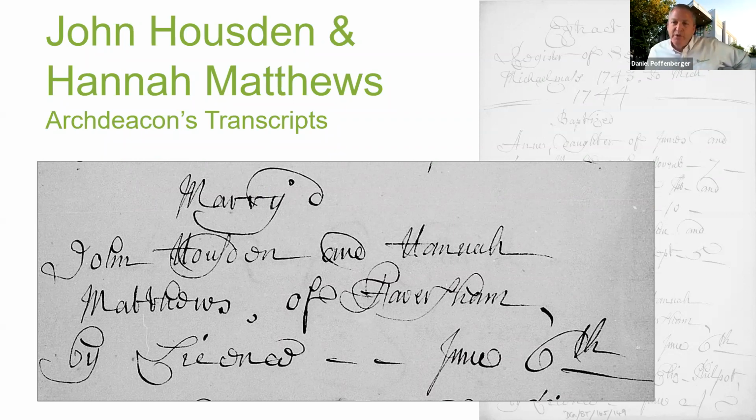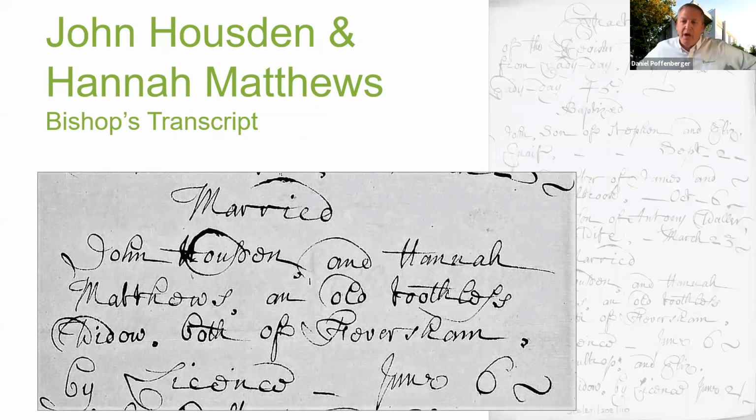Now, they also made a copy and sent it to the bishop. So you have the bishop's transcript copy of this marriage. You have John Housden and Hannah Matthews, an old toothless widow, both of Faversham, were married by license. And so on June 6th, you get a little more information.